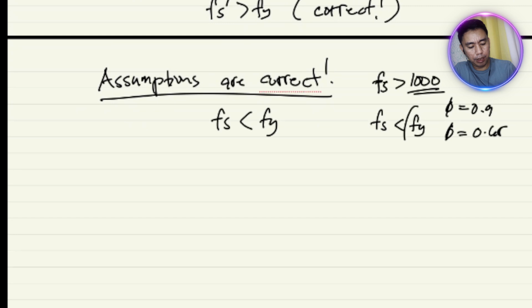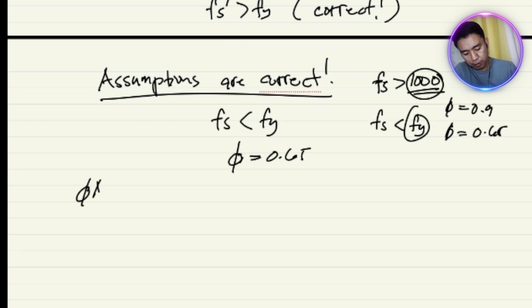So, in between Fy and 1,000, yun na yung equation ng phi, yung 0.65 plus something. Anyway, so, our Fs is less than Fy. That means, ang phi natin is 0.65.